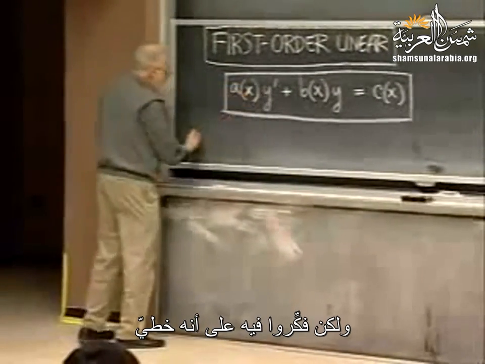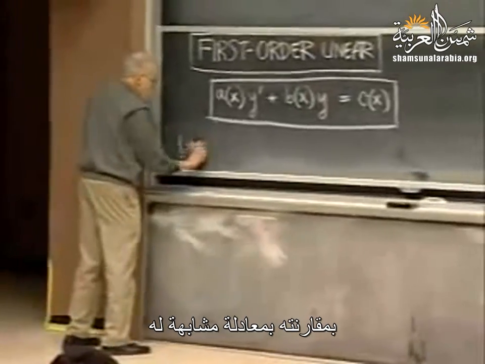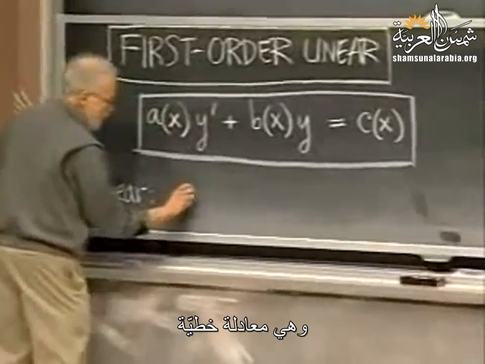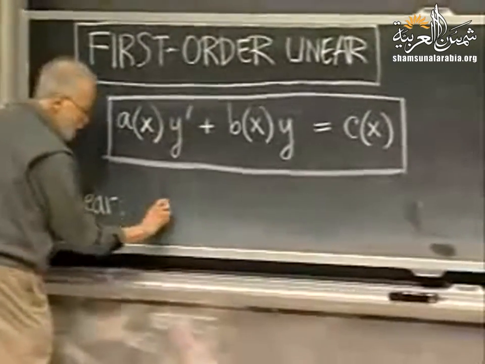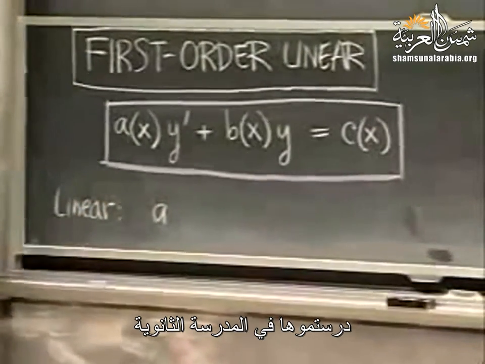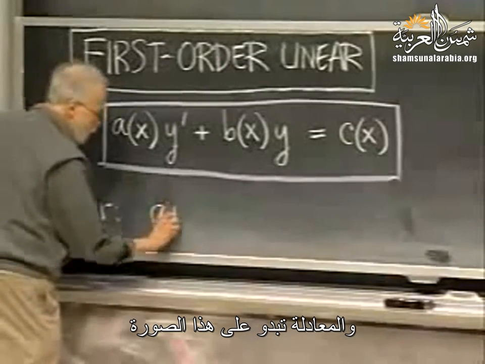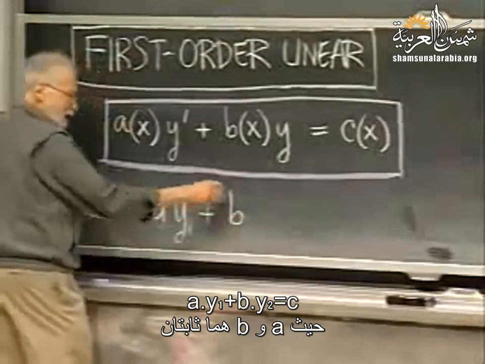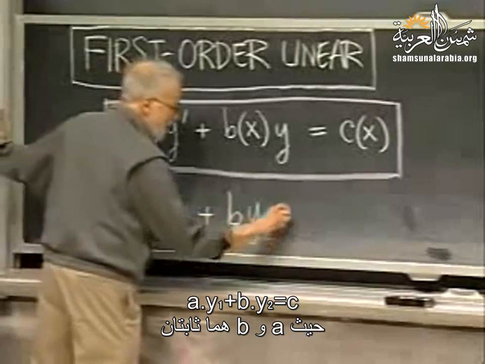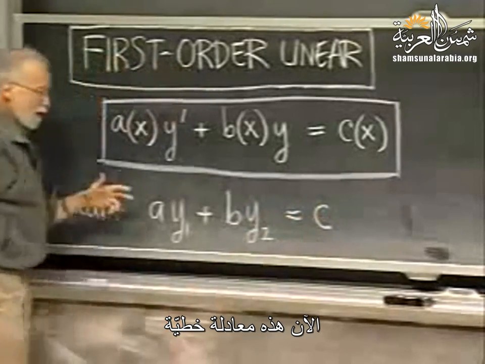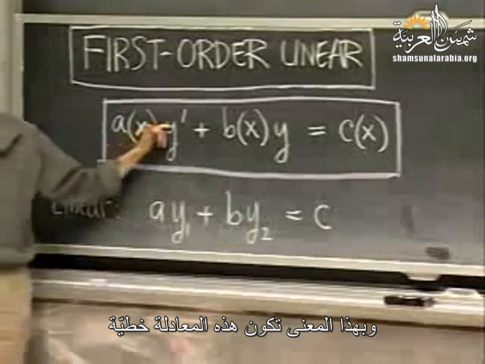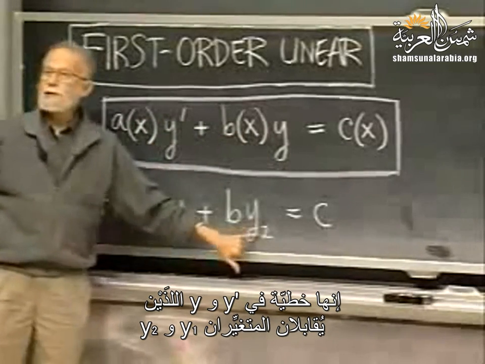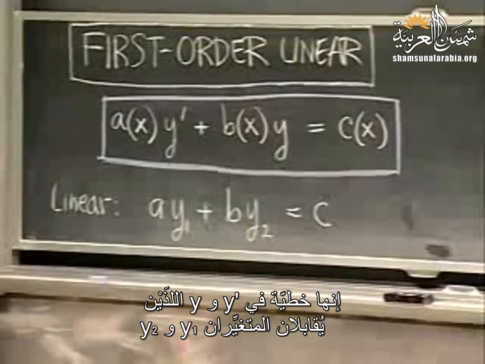Think of the most closely analogous thing, a linear equation of the kind you studied in high school, which would look like this. It would have two variables and constant coefficients, equal to c. Now that's a linear equation, and that's the sense in which this is linear. It's linear in y prime and y, which are the analogs of the variables y1 and y2.